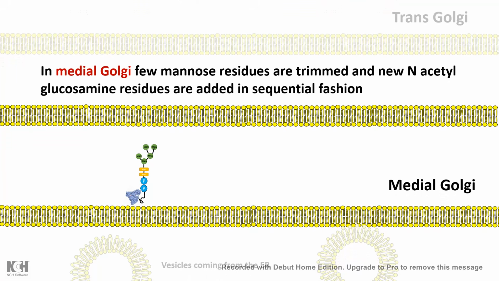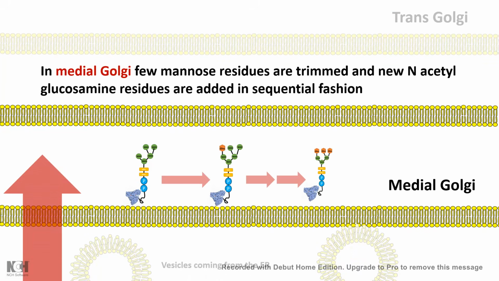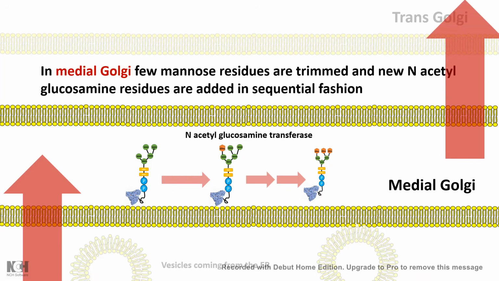In the medial Golgi, the key modification is addition of N-acetyl glucosamine residues in a sequential fashion. The key enzyme involved in this process is N-acetyl glucosamine transferase.